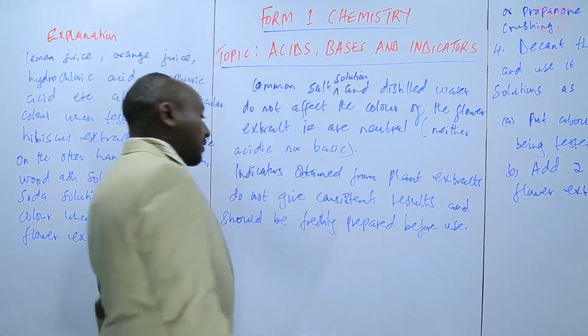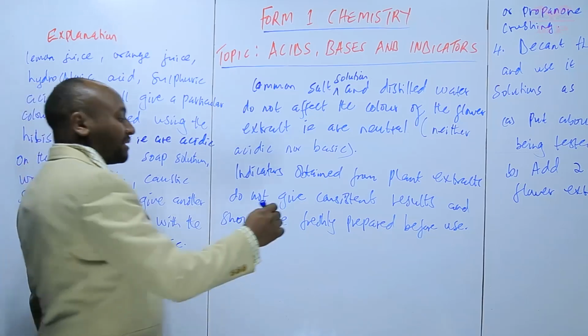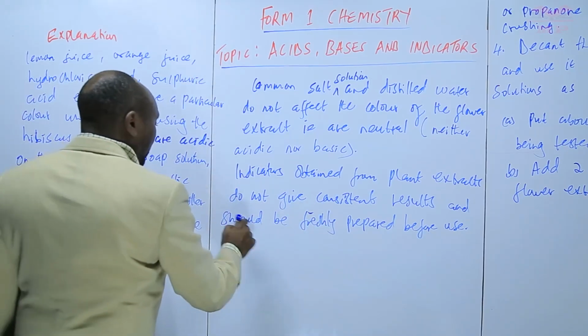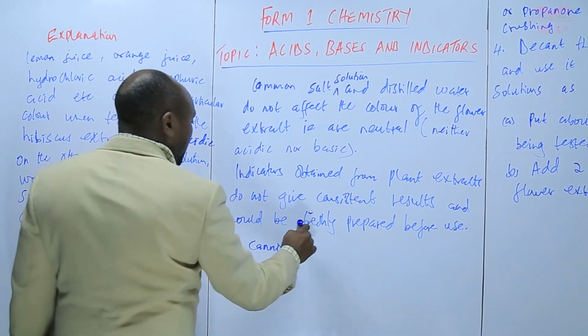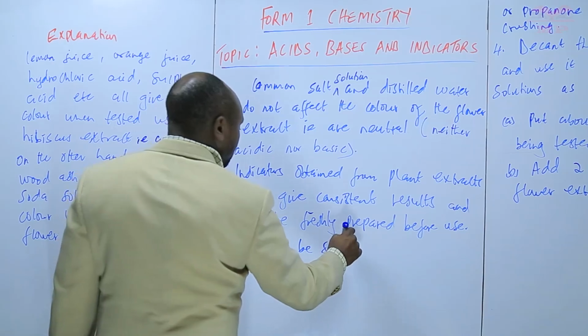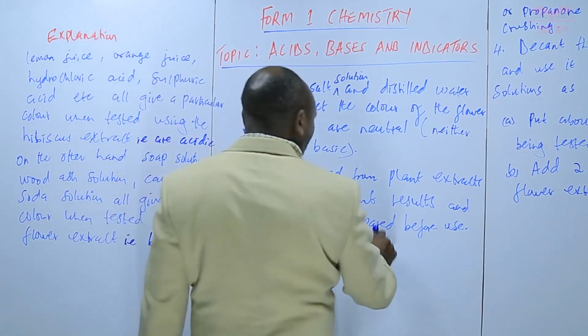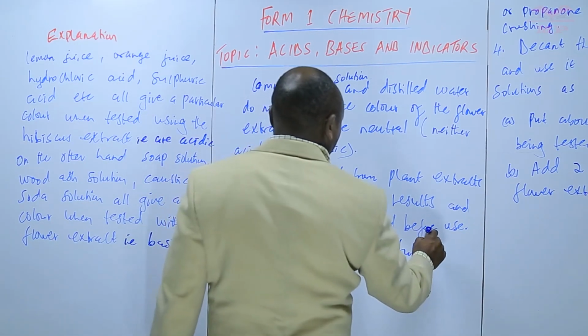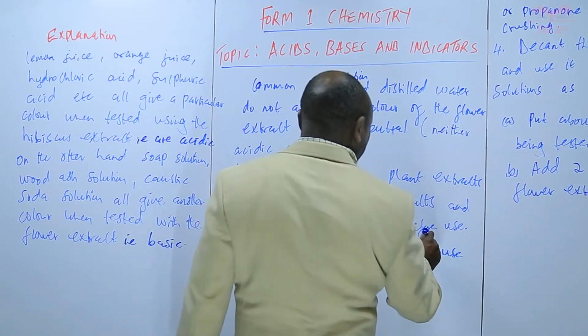We should prepare them and then we use them right there and then. So we are saying that they cannot be stored for future use. So that is the disadvantage.